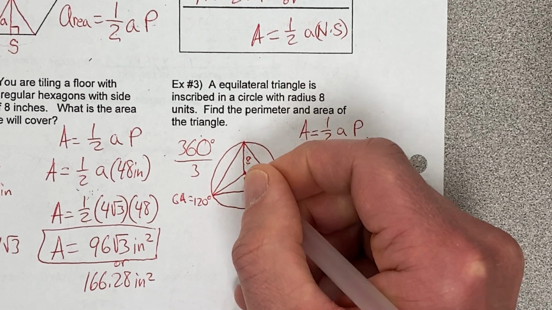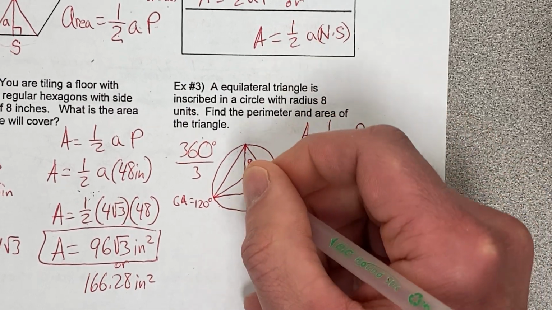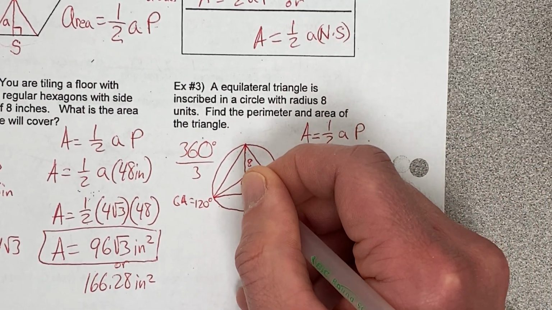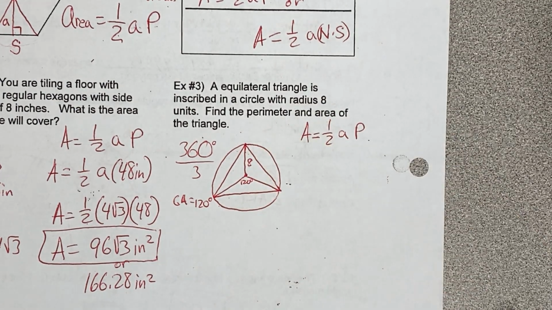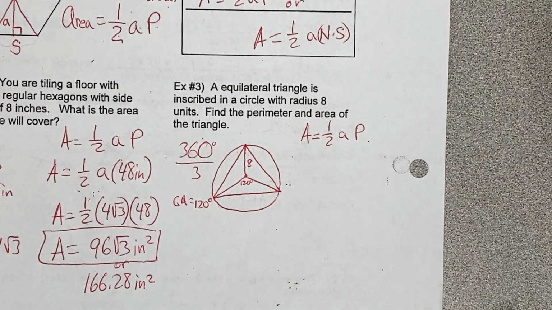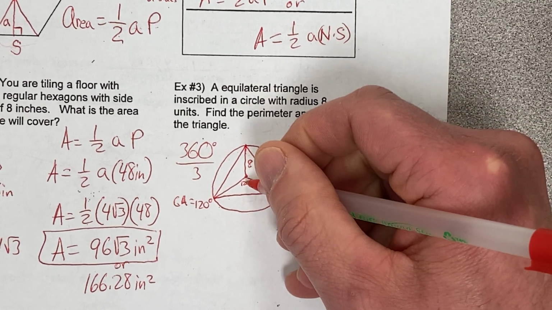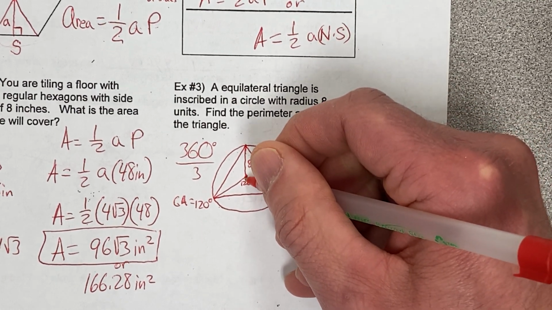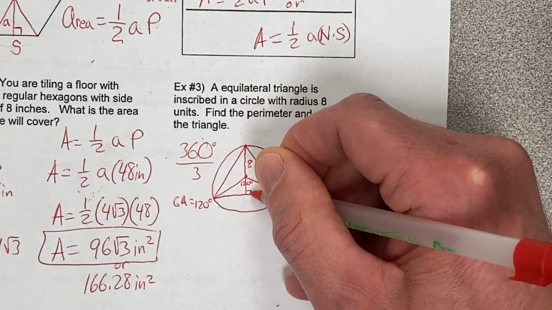Well, if our central angle is 120 degrees, then what we could do is drop an apothem down here, like so.